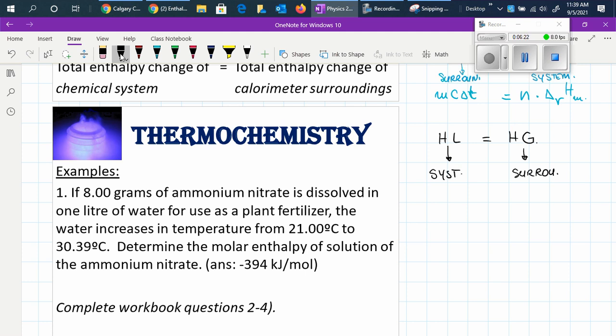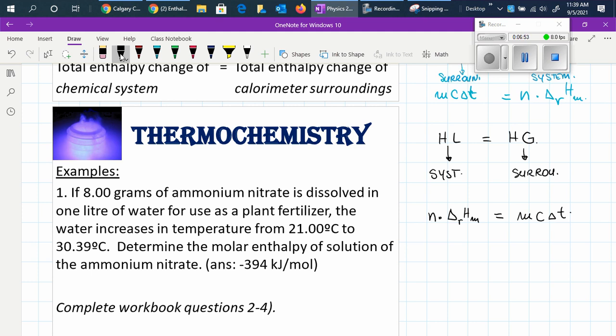Therefore, this gain is coming as a result of the loss that the system is having. So the system, which is n times delta H, is equal to the surroundings, mc delta T. We know what m is because it is 1 liter, and 1 liter is equal to 1 kilogram of water because the density of water is 1 gram per milliliter.